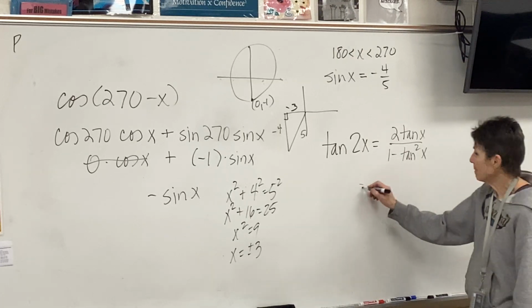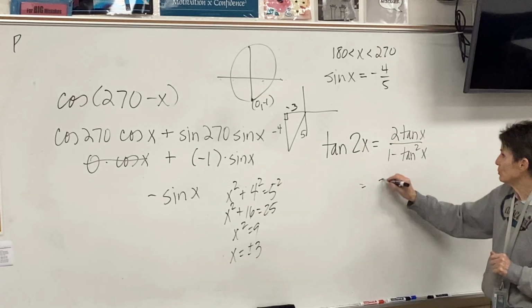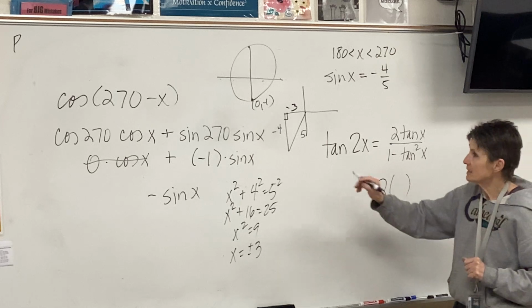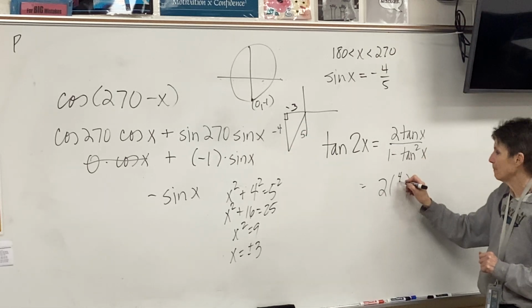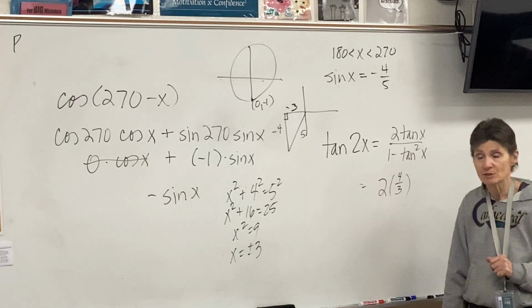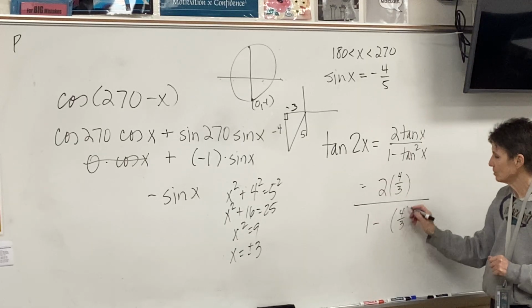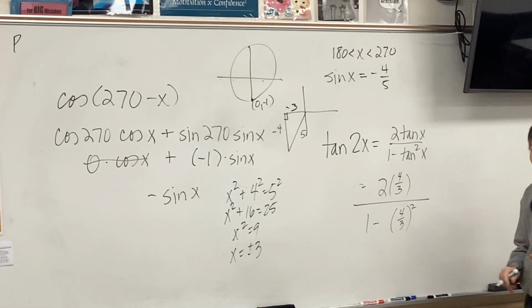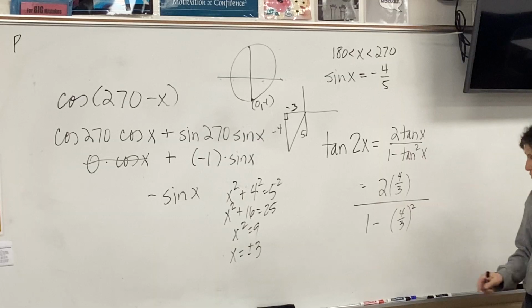Okay, got my formula. I'm going to look at my picture and I'm going to plug the numbers in. So 2 times the tangent. The tangent is 4/3. Opposite over adjacent, negatives cancel. Over 1 minus 4/3 squared. So 2 times 4/3 over 1 minus 4/3 squared.